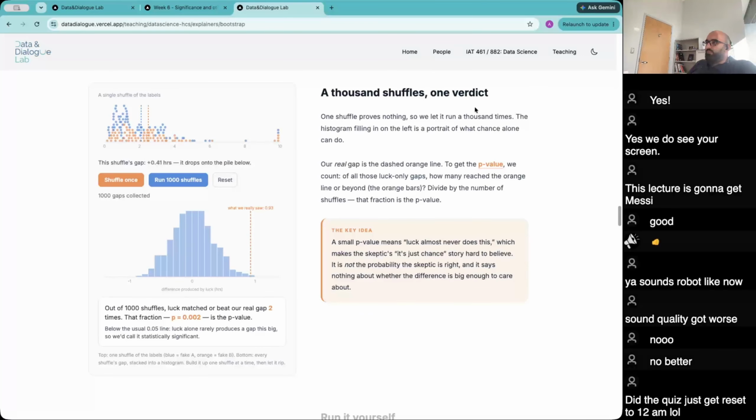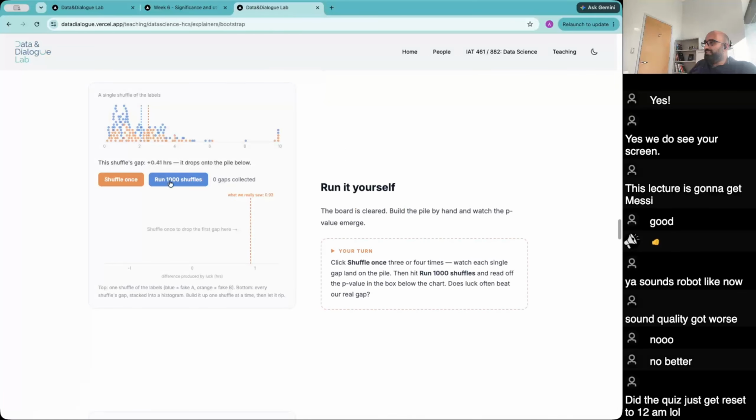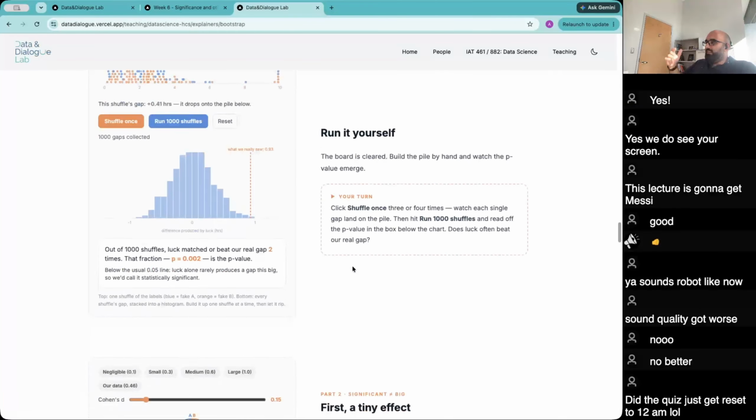So we do 1,000 shuffles, get 1 verdict. A small p-value says luck almost never does this, which makes the skeptic say it's hard to believe it's just chance. We never say it's proven false, we say it's hard to believe. Again, you can run it yourself later and see.